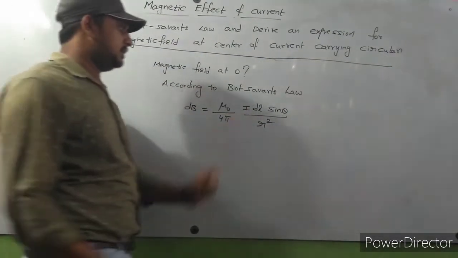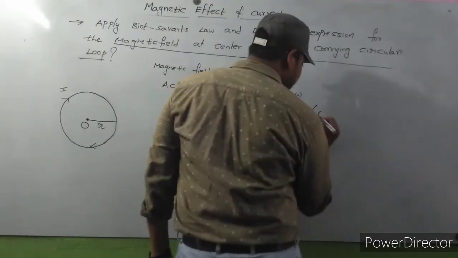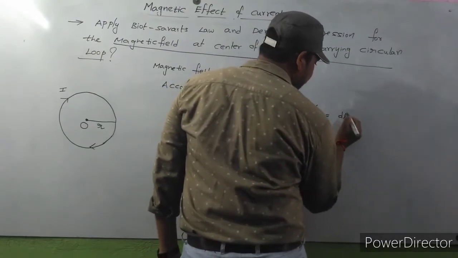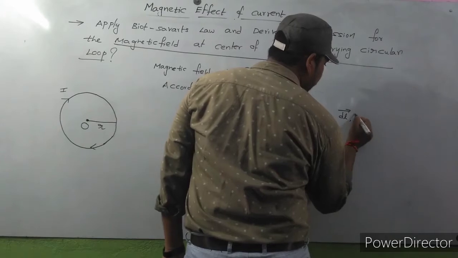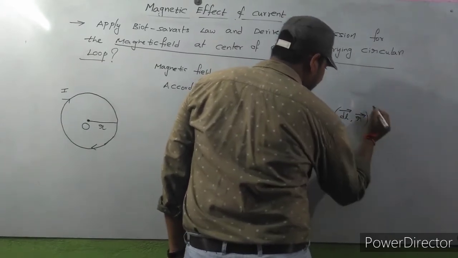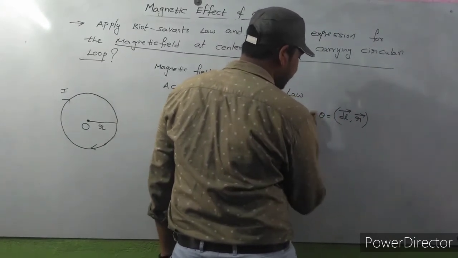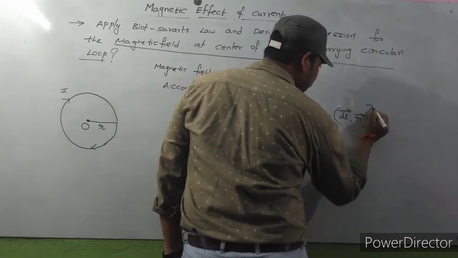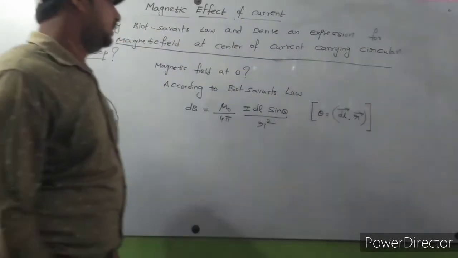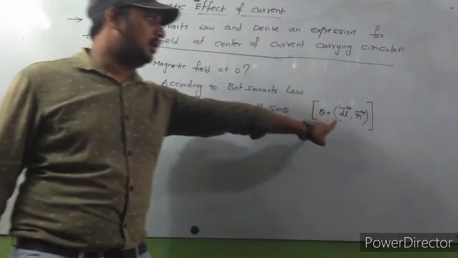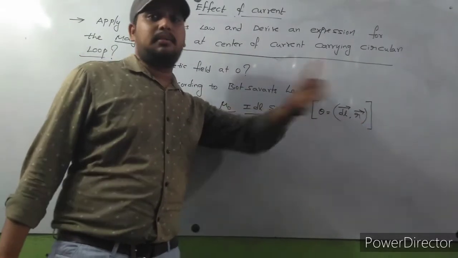Here theta is the angle between the dl bar vector and the position vector r bar vector.